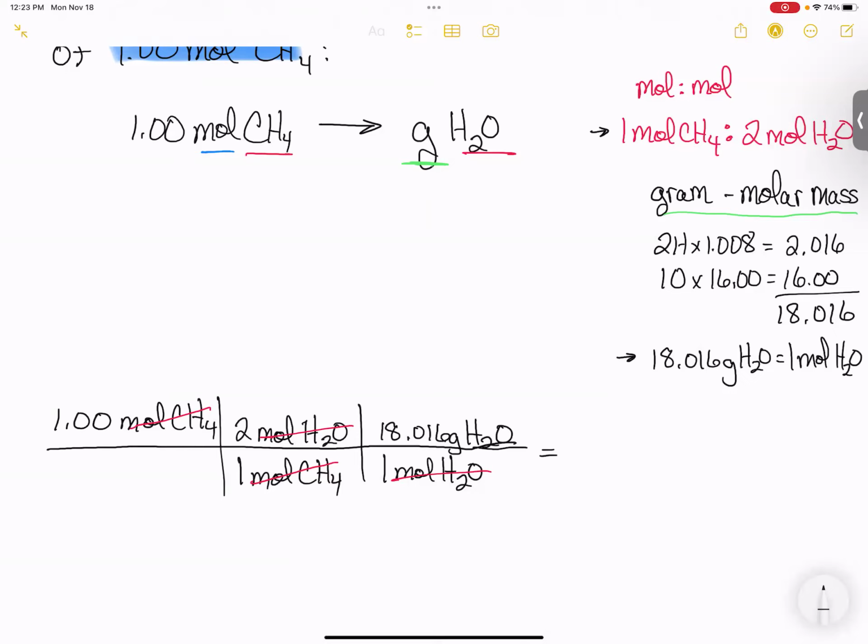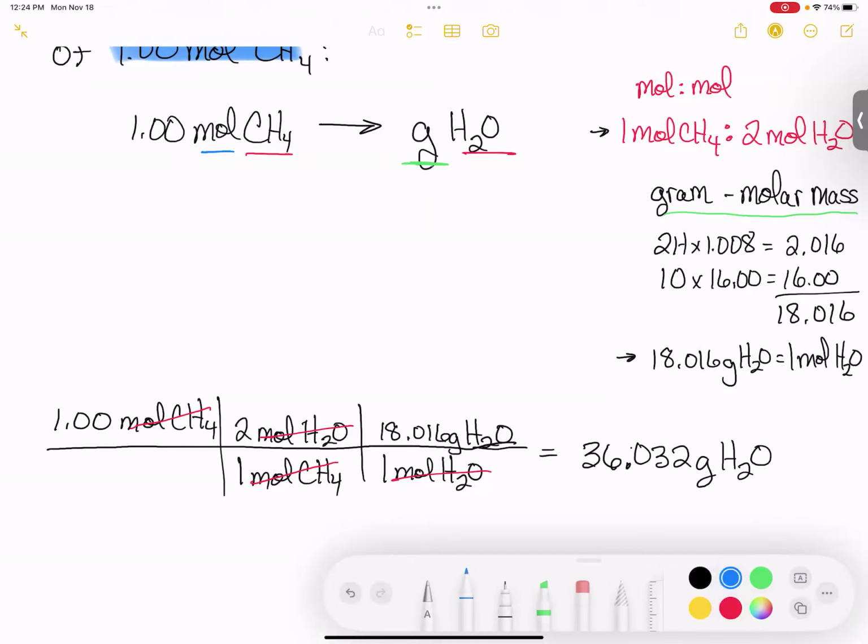And when you calculate this out, you get 36.032 grams of water.